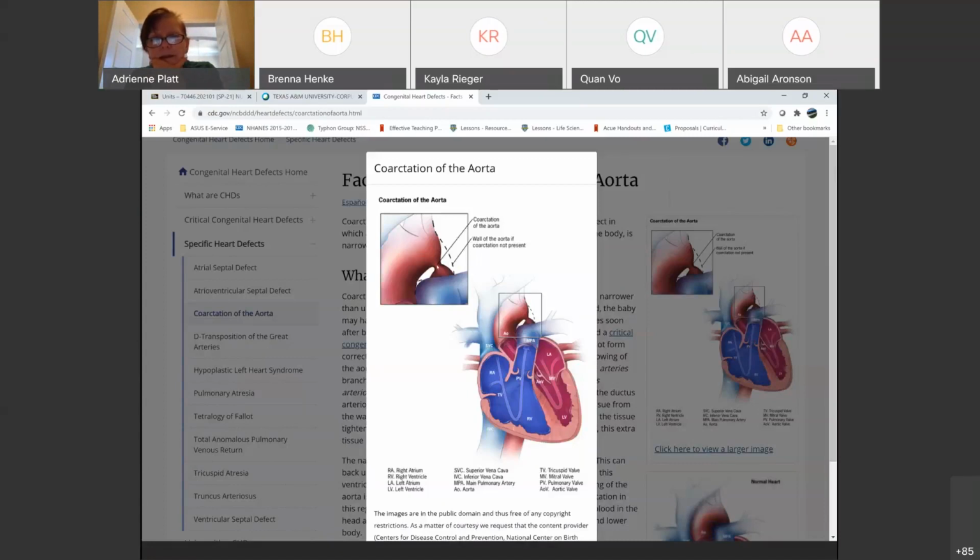So right here, this is the aortic arch, and you can see how it's narrowed. So that means if the blood can't get out of the aorta, it's going to be working really hard.